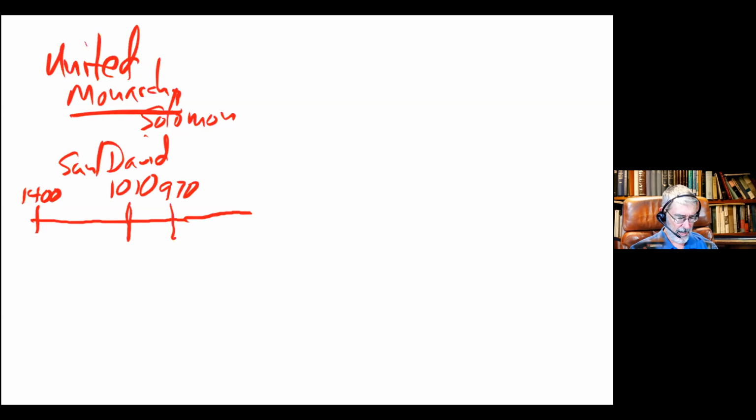At 930 BC, with the death of Solomon, we're going to see a split between the north and south. So I'm going to change colors here, and the north will be green, and they're going to go up, and the south will be blue, and they're going this direction.